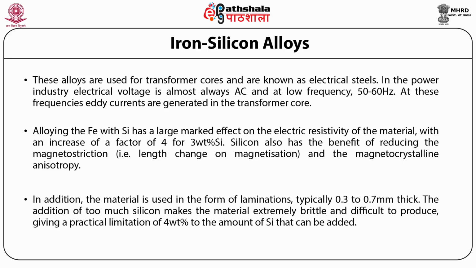In addition, the material is used in the form of laminations, typically 0.3 to 0.7 mm thick. The addition of too much silicon makes the material extremely brittle and difficult to produce, giving a practical limit of 4 weight% to the amount of silicon that can be added.